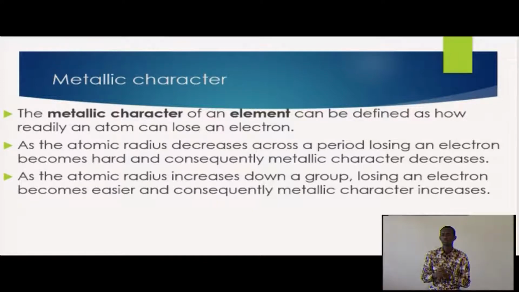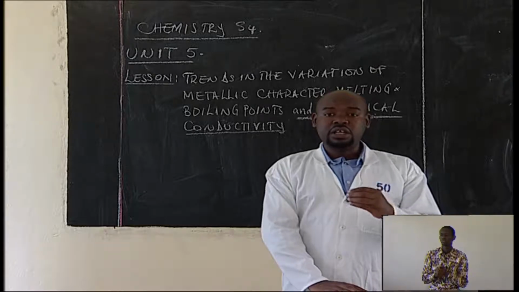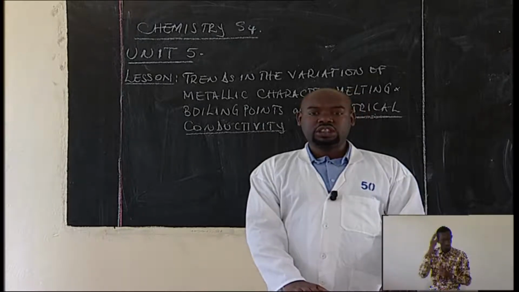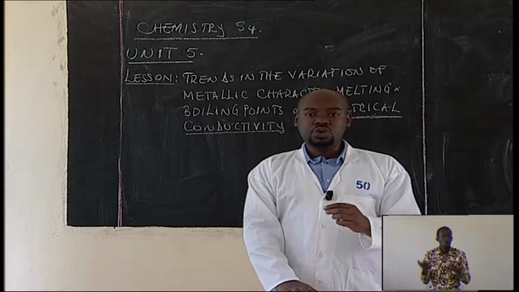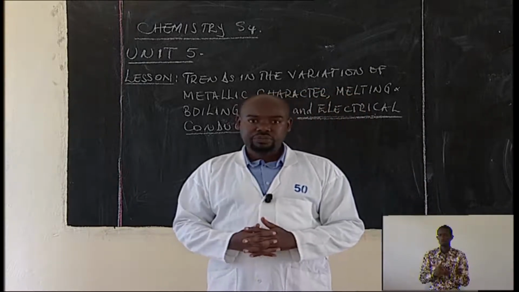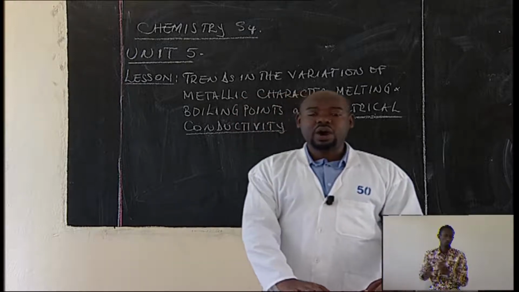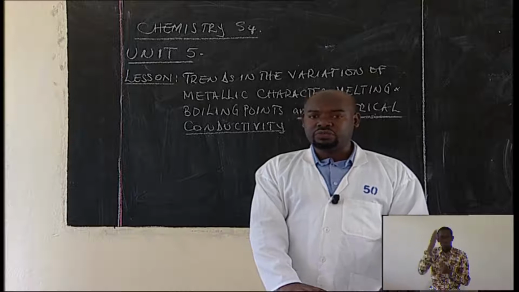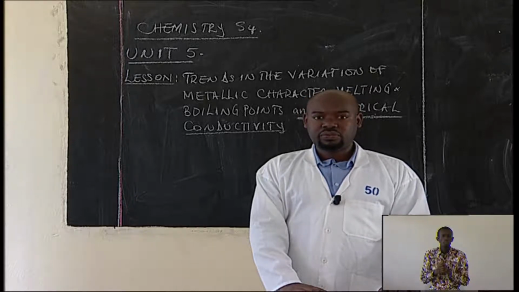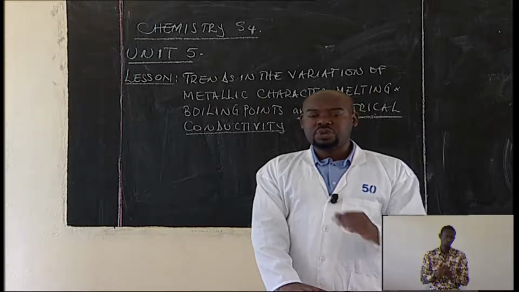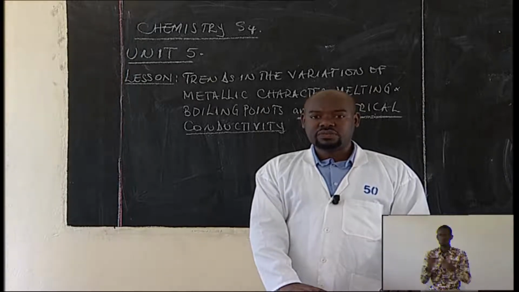Remember, how do we determine the ease by which an element will lose the electron? We can use the atomic radius or use the ionization energy. Do you remember how ionization energy varies across the period or down in a given group? Think about it. How does it change across the period, ionization energy?